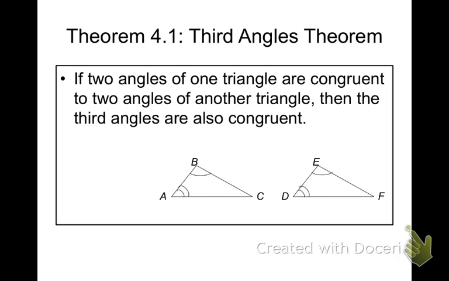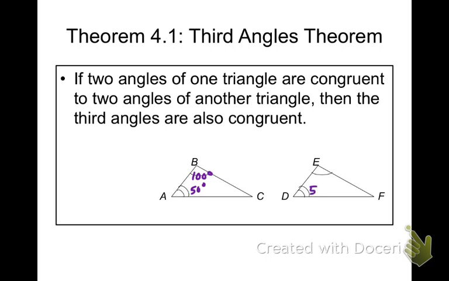Let's make actual degrees up to make this make sense. So let's say that the measure of angle A is 50 degrees. And let's say that the measure of angle B is 100 degrees. What will be the measure of angle D?